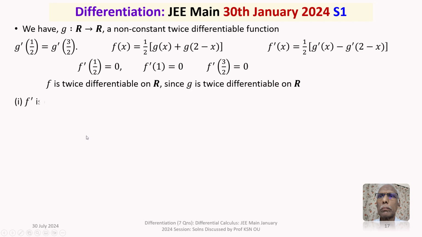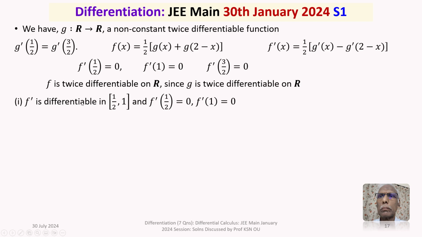So f prime is differentiable on the whole of R, and therefore f prime is differentiable in the closed and bounded interval 1/2 to 1. Because it is differentiable on the whole of R, therefore it is differentiable on any part of it.